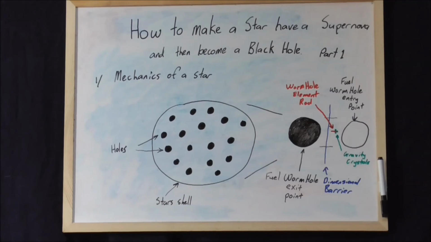So in the fuel dimension, there's a gravity field emitted which pulls the fuel from that dimension into the wormhole. The wormhole rod and 48 gravity crystals reside interdimensionally between both wormhole points in a place called no man's land, for no man can go there, and that is from God.